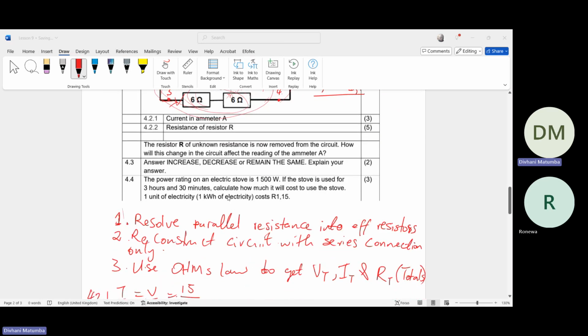4.4. The power rating on an electric stove is 1,500 watts. If the stove is used for 3 hours and 30 minutes, calculate how much it will cost to use the stove.